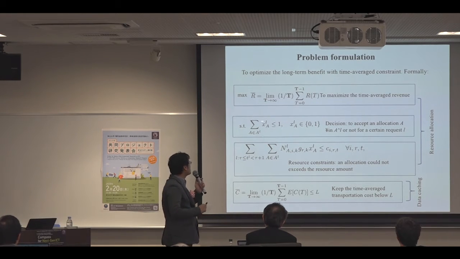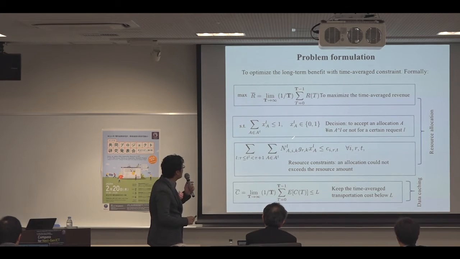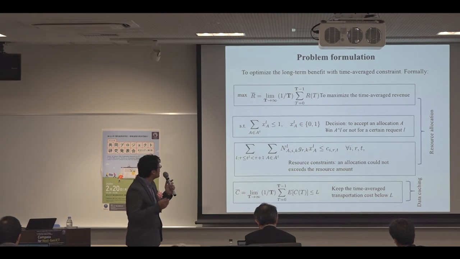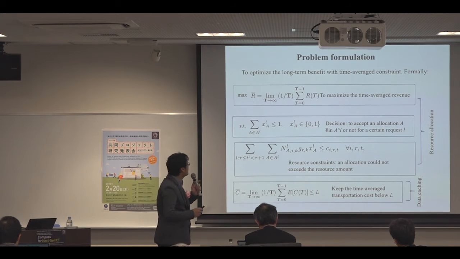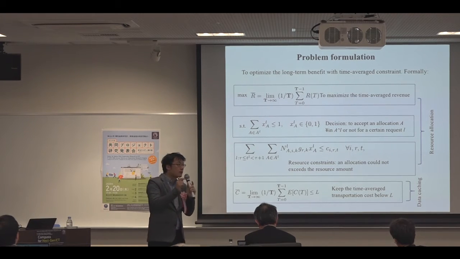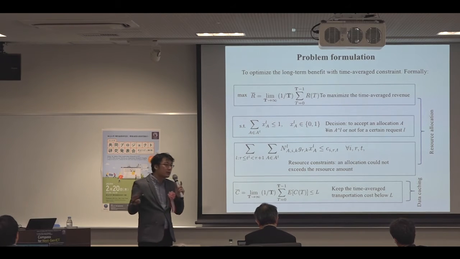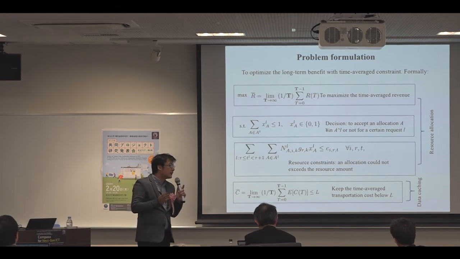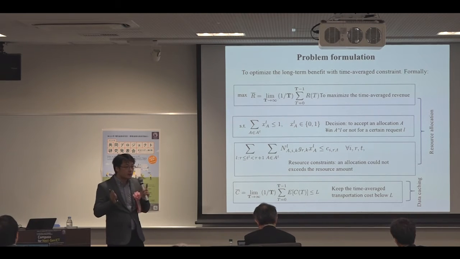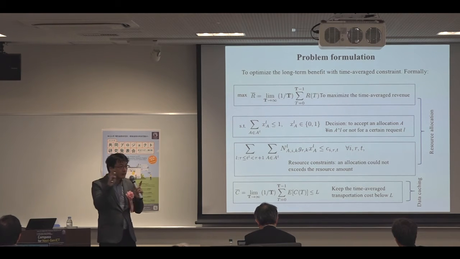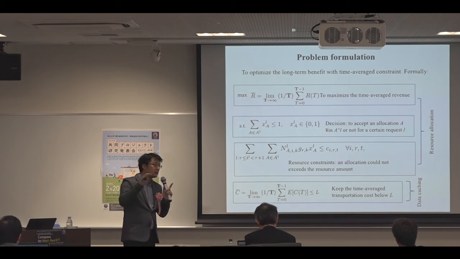This x_al is our decision variable. Given a complicated request l, a distributed cloud provider has several resource allocation methods to satisfy the request, because it has several distributed data centers.